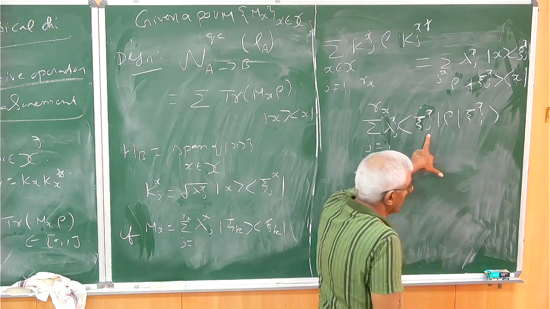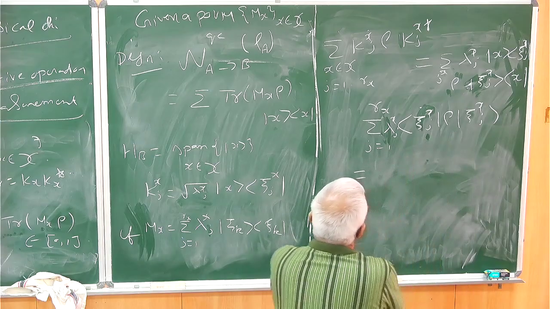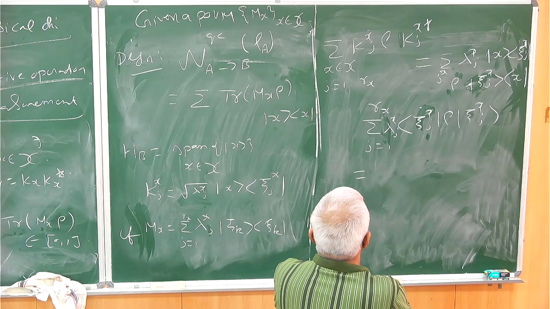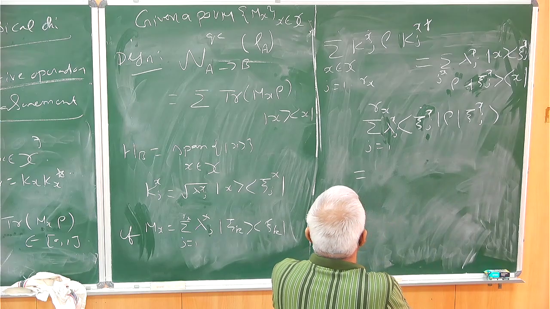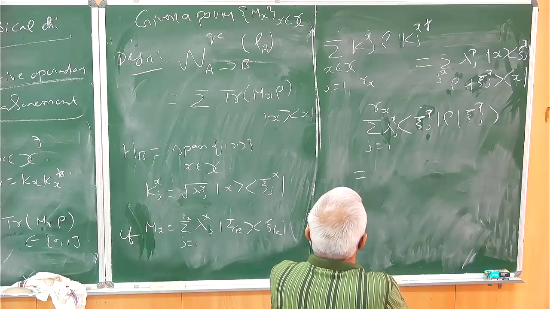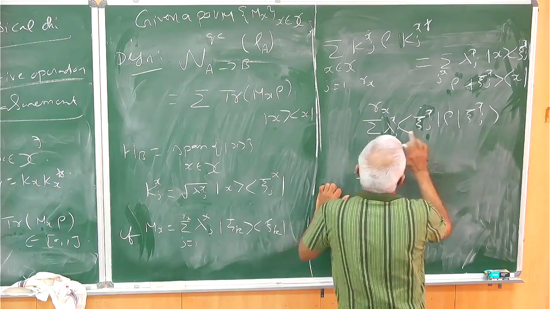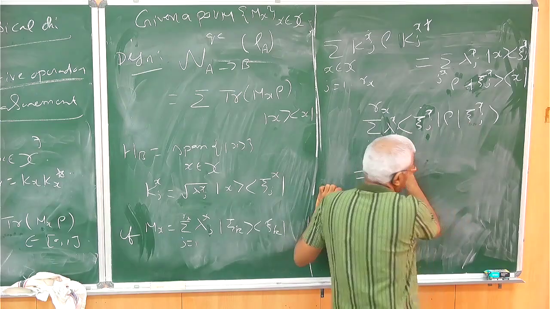Yes, this is just trace rho. M_x acting on x_j gives lambda_xj, right?